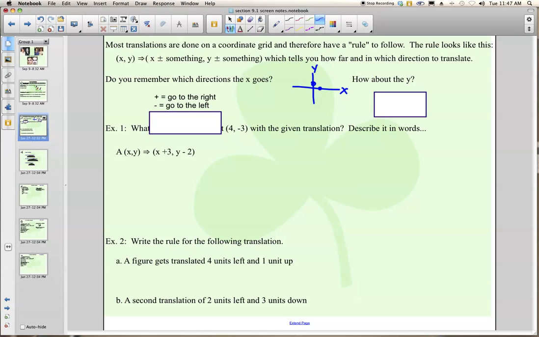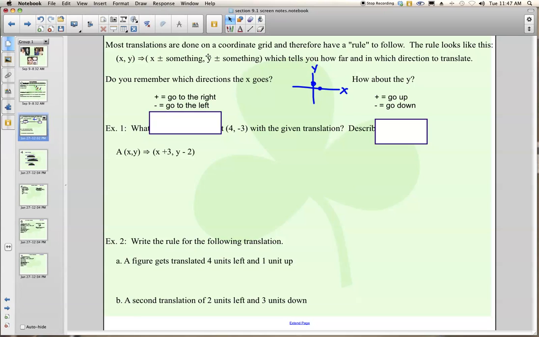So if you want to move an object up, you would add something to your y value. And if you are moving down, you'd subtract something from your y value. So the general rule is that if you have y plus a number, it's going to move up. If you have y minus a number, you're going to go down that many spaces.